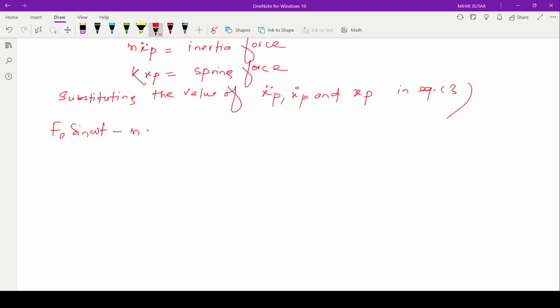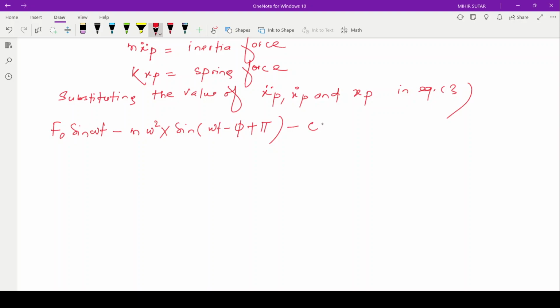The x double dot p value is omega square x sin omega t minus phi plus pi, minus c x dot p.